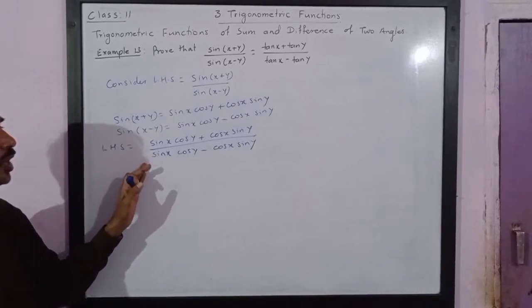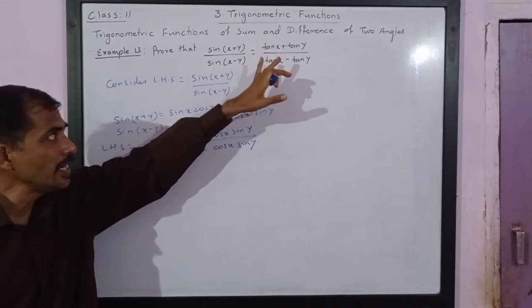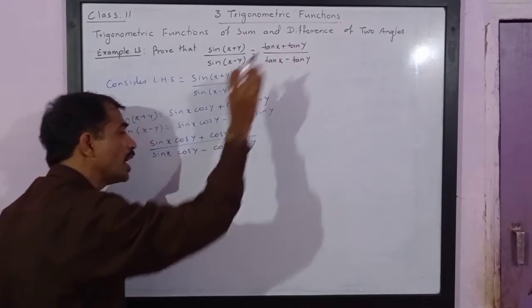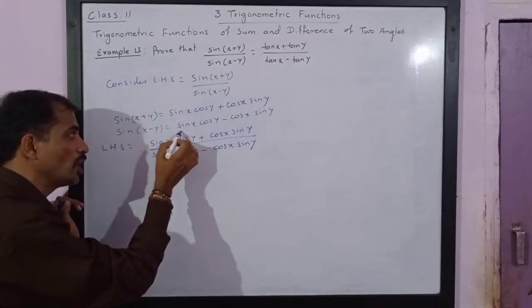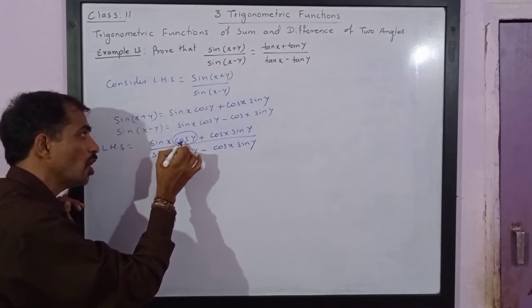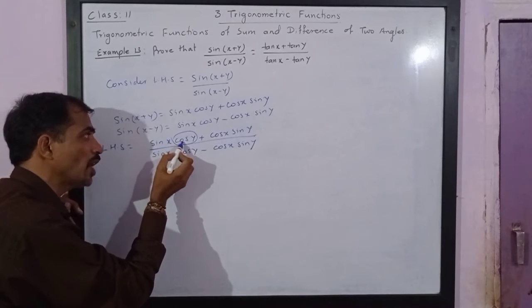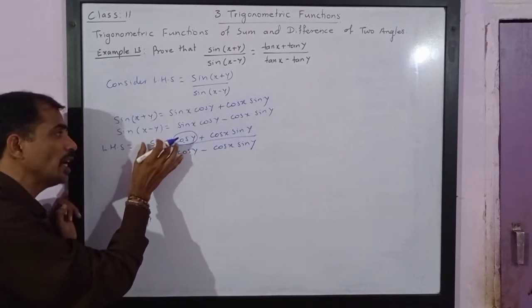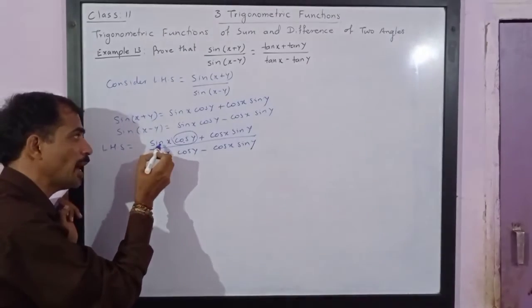Now in order to get tan x and tan y, please note, we don't want this term. So in order to eliminate it, we have to divide the numerator by cos y, and we must get tan. Sin is there, so in order to get tan x, we have to divide by cos x.